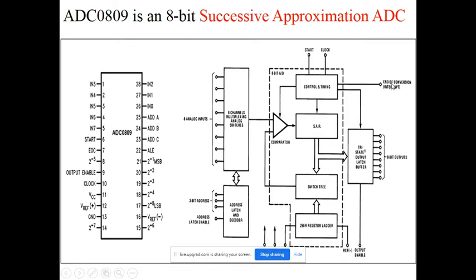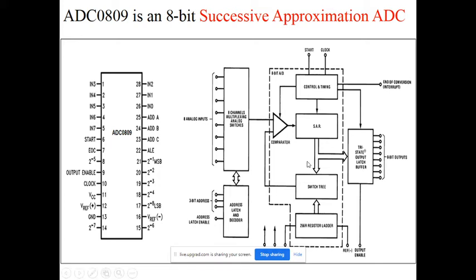When conversion is over, the data is available in the output buffer, and it generates the end of conversion pulse. This pulse is connected to the controller, so when the controller gets it, the controller comes to know that conversion is over and digital data is available in the output latch buffer.